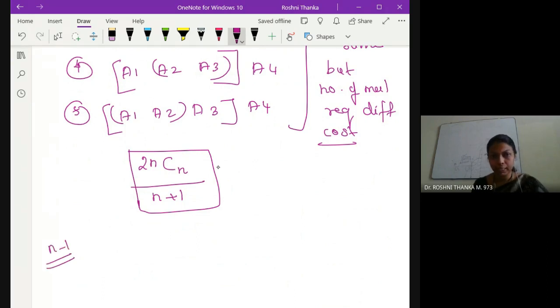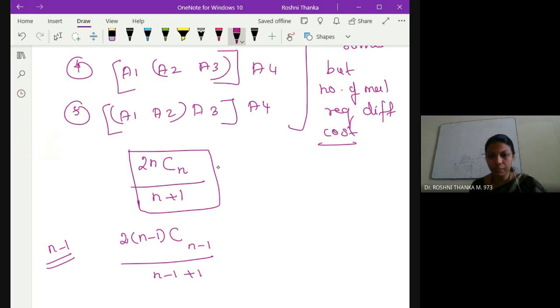Don't take it as n, we have to take n as n minus 1. So if I change this formula, it will be 2(n minus 1) C (n minus 1) divided by (n minus 1) plus 1.